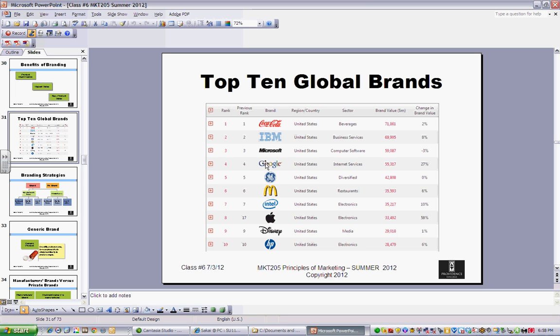You look at Google, which really hasn't been around that long. Intel's a little bit older, Microsoft, HP, IBM's been around for a while. Coke's an old company, relatively speaking. McDonald's is reasonably young, talking about the late 50s, early 60s. Disney's similar.